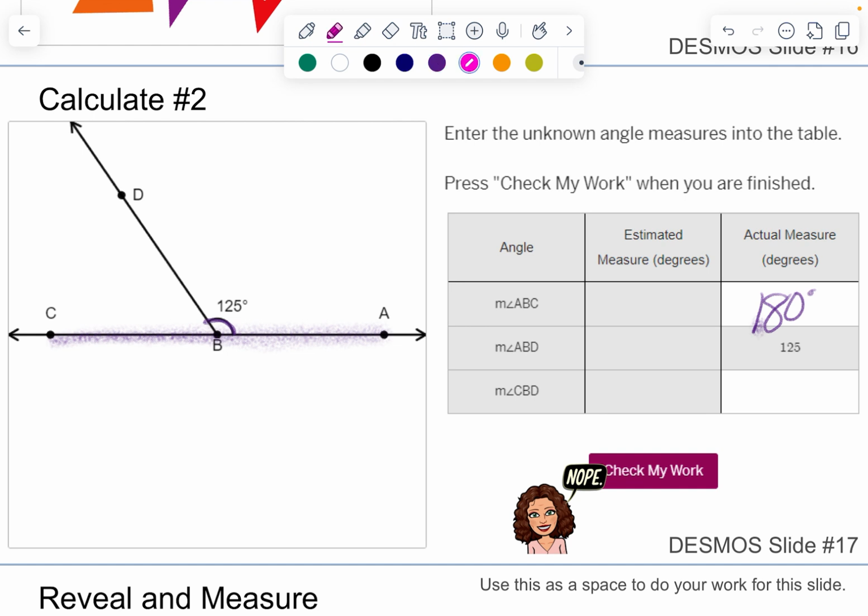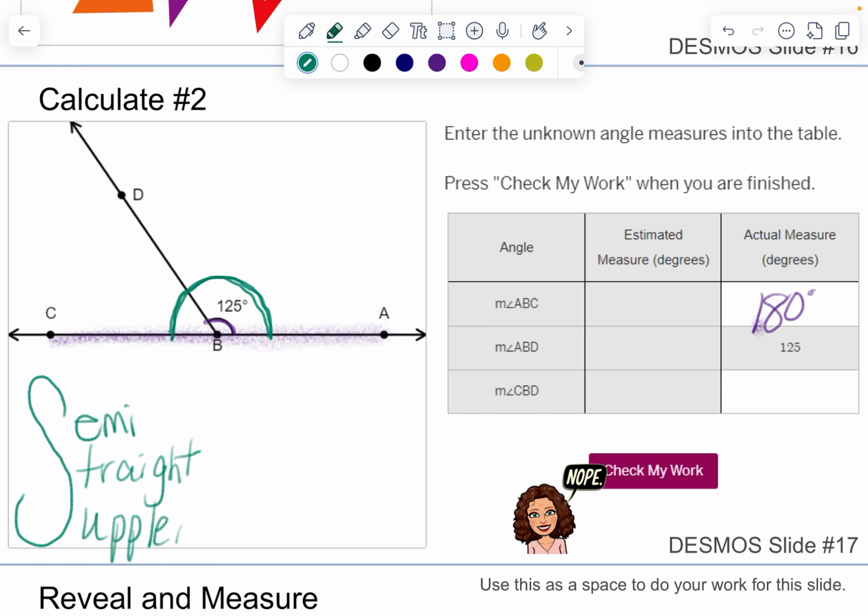Here's where we're going to draw our semicircle. We have a semicircle on a straight line or a straight angle.